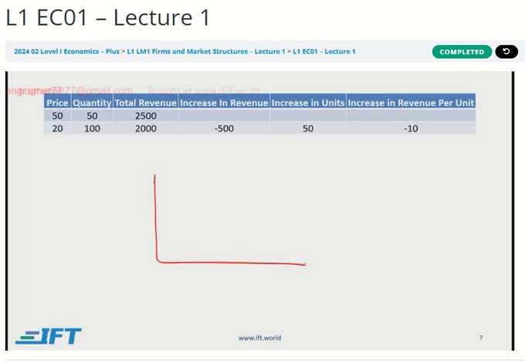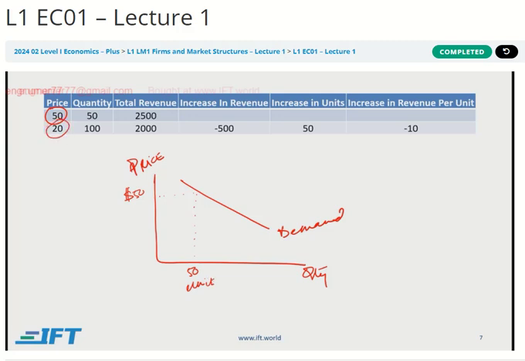Think about it this way, that this is your demand curve. Let's say this industry is willing to buy a certain product at $50 per product, and they're willing to buy 50 units of that, right? So here you have your price on the y-axis and your quantity on the x-axis, and for $50 they can buy 50 units.